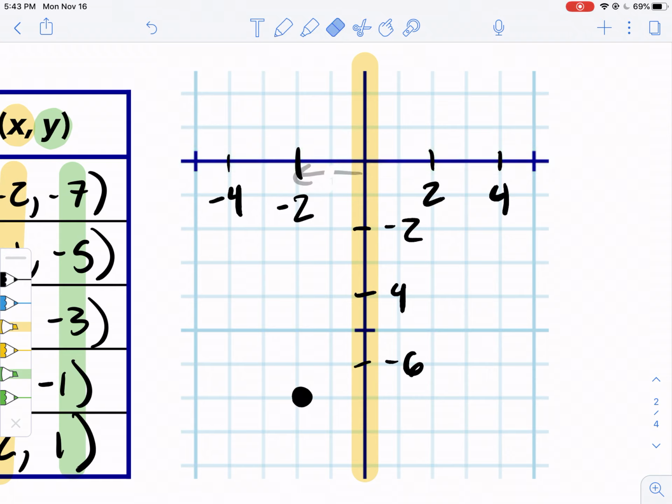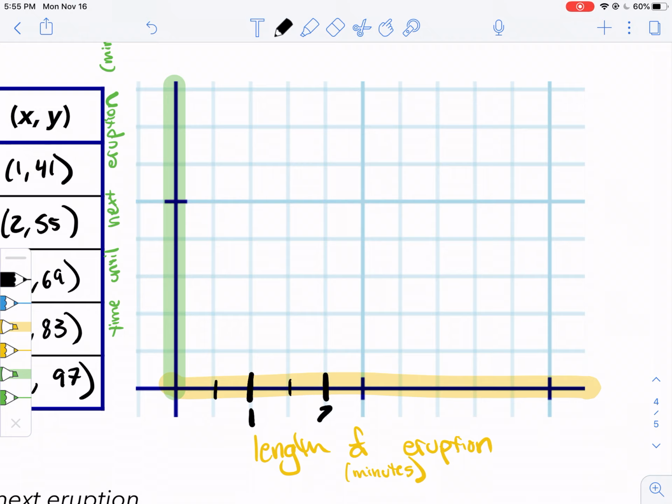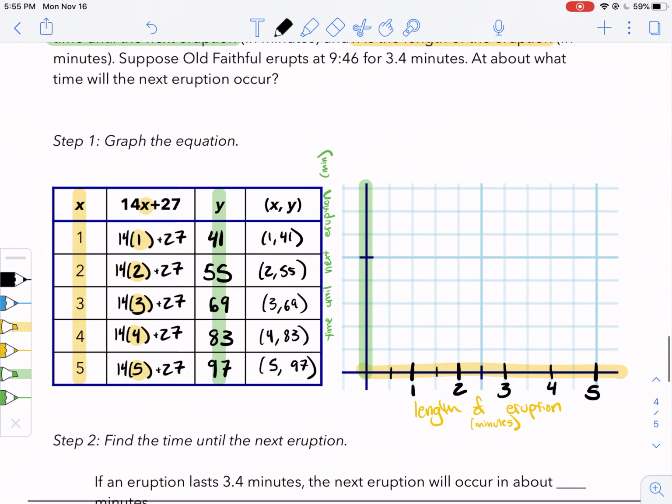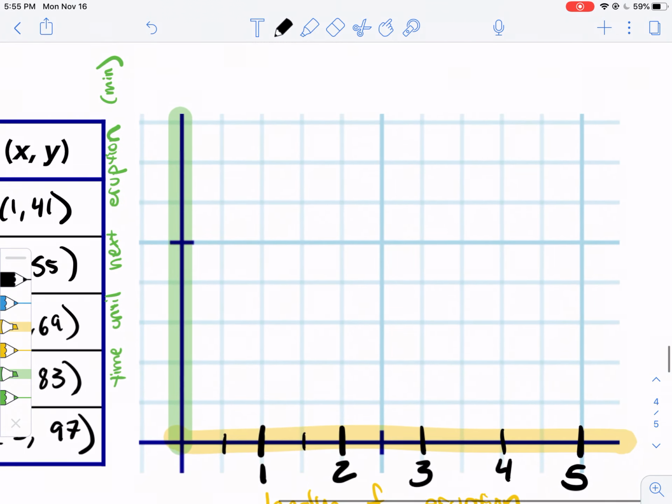So let's plot those points on our graph. I notice we only go up to 5, and I have 10 slots here, so I'm going to spread them out. Because you don't always have to go 1, 2, 3, 4, 5, done. So let's go 1, 2, 3, 4, 5, like that. And then our y's go up to 97. But this only goes up to 80. I think I just cropped it weird.